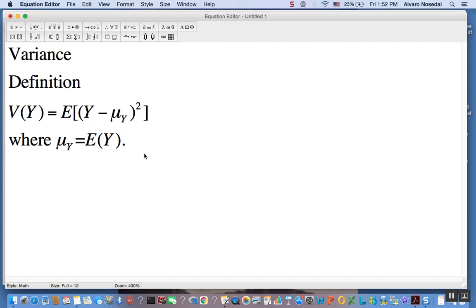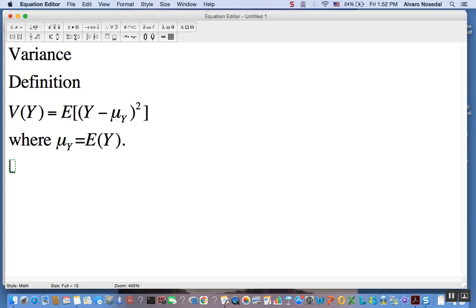Now there is something called the standard deviation of a random variable, and that is just the positive square root of the variance of y.